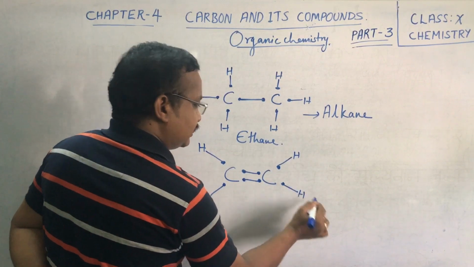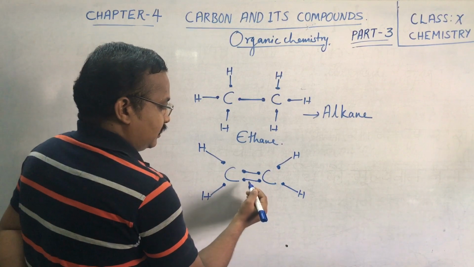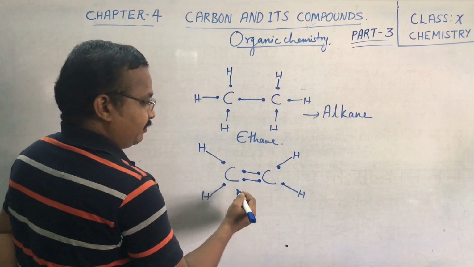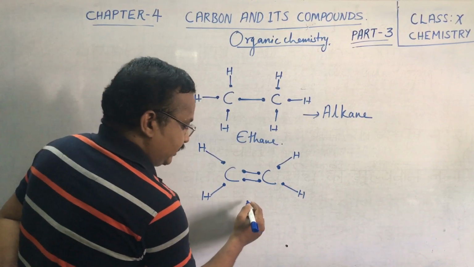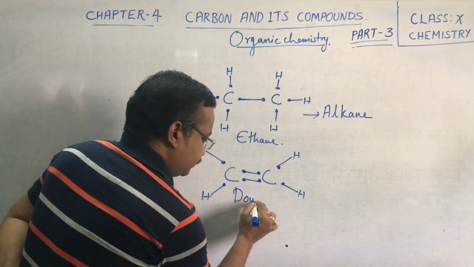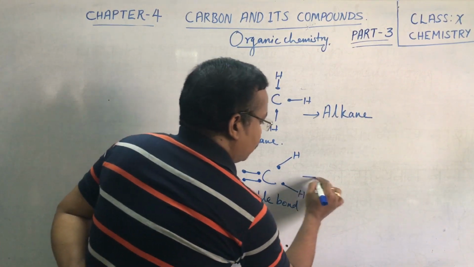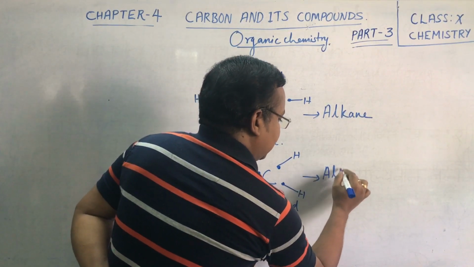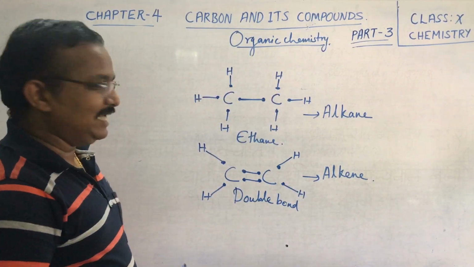Okay, children. When carbon atoms share two electrons between them, we get a double bond, correct? It is forming a double bond. Then we get compounds called alkenes.